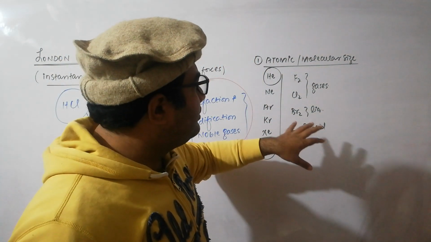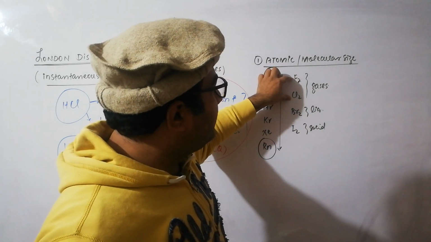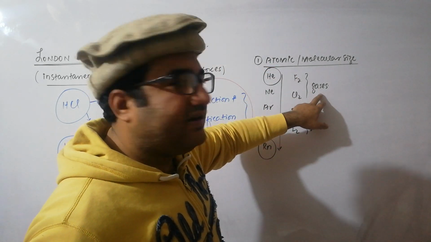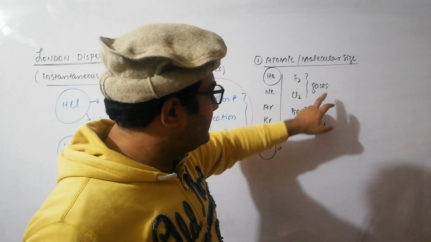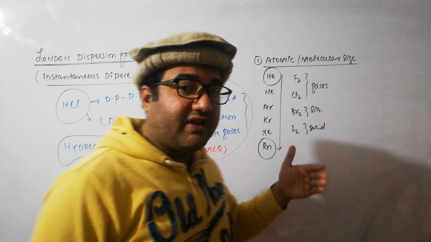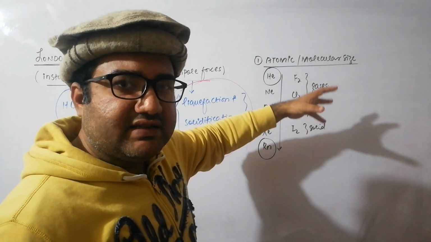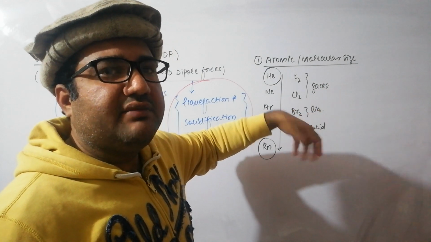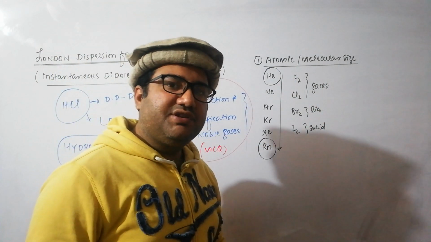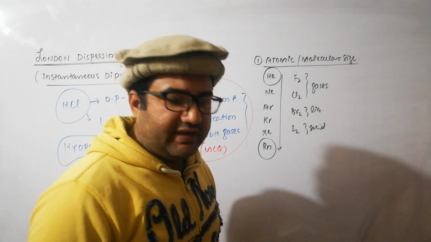It clearly shows that fluorine and chlorine have the weakest London dispersion forces, so they are gases, while iodine has the strongest London dispersion forces, so it is solid. Why? Because again down the group atomic and molecular size increases and distortion of the electrons becomes easier. So the formation of instantaneous dipole and induced dipole becomes quite easy.